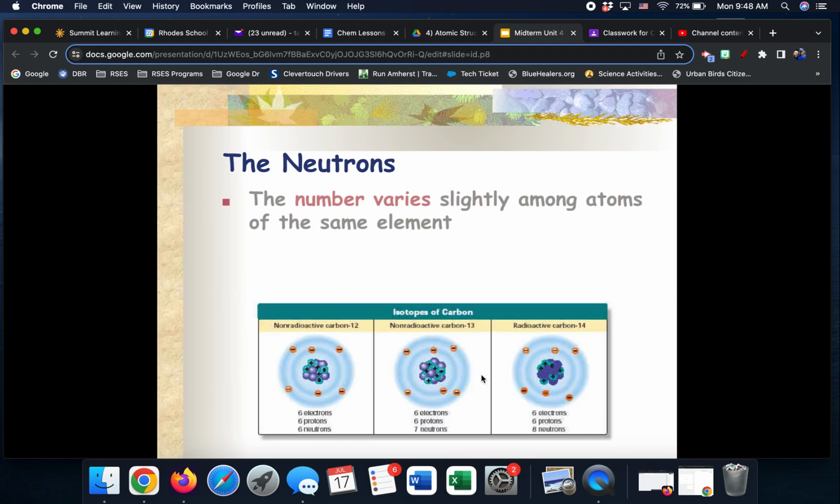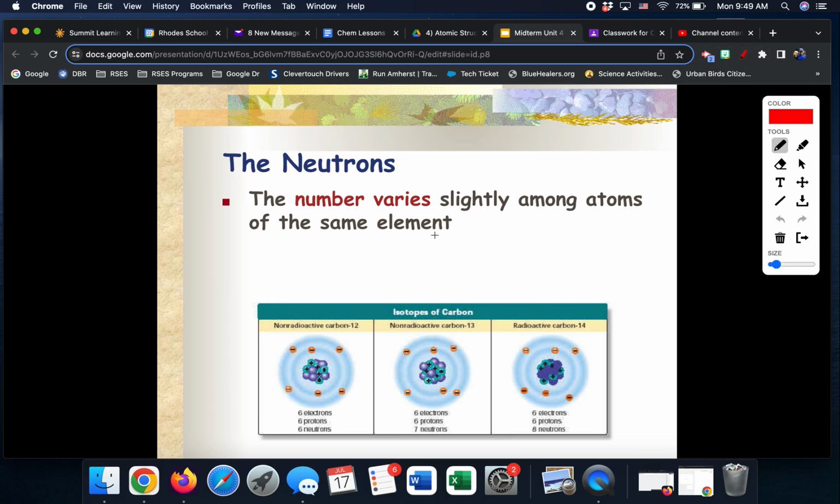The neutrons we said are neutral, and they vary. Different atoms of the same element can have different numbers of neutrons. We'll learn again here in a minute that those are called isotopes, but if we look down here in this picture, we can see carbon 12, carbon 13, and carbon 14. Notice 6 protons, 6 protons, 6 protons.